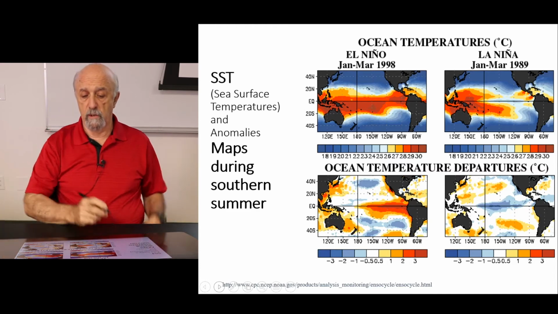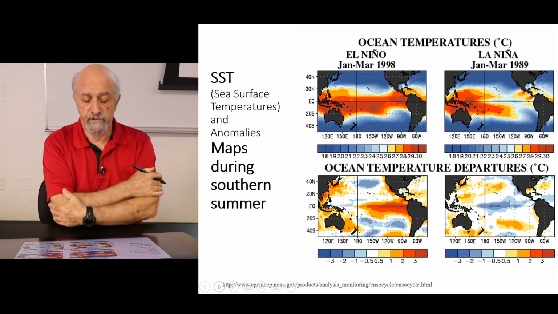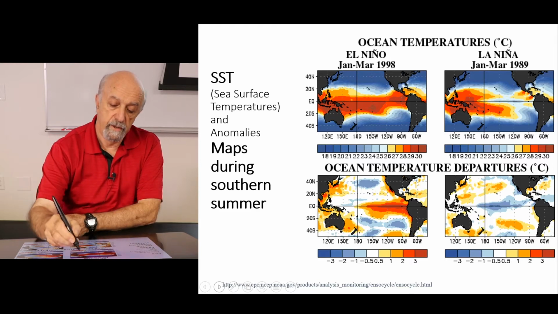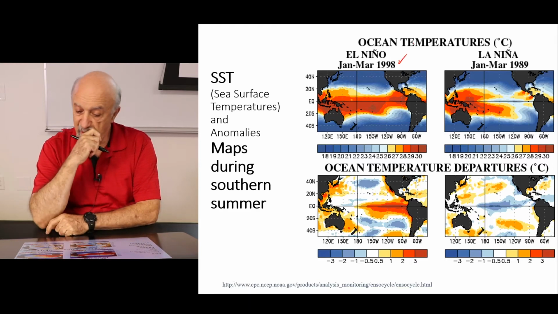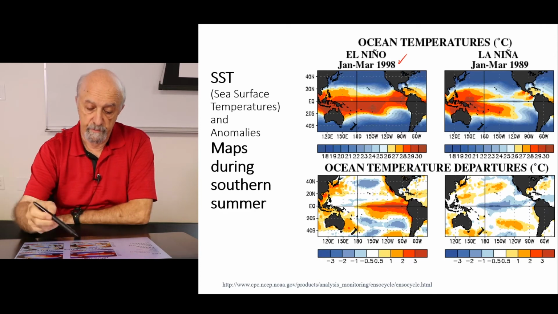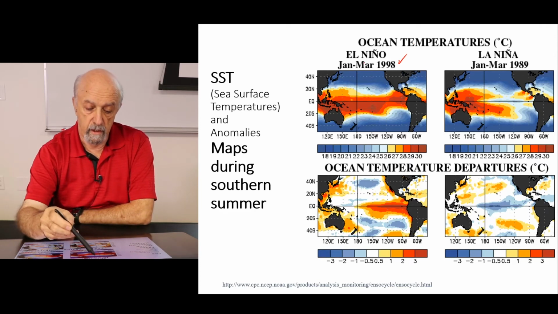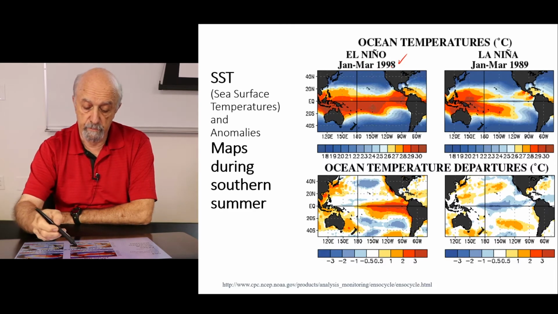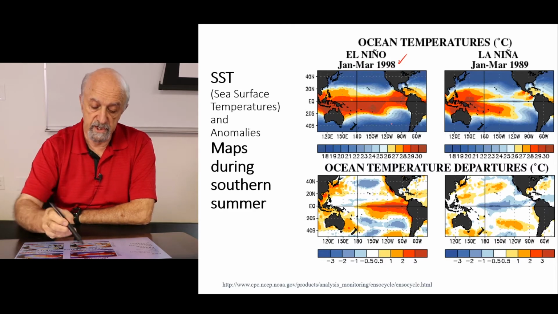See, for example, here we do have some records after this disaster, the El Niño that happened in 1998. What we see here is El Niño, January to March 1998, and all the departures of temperature. This is actually absolute temperature, sorry, in Celsius. 30 degrees Celsius, 29, and so on.